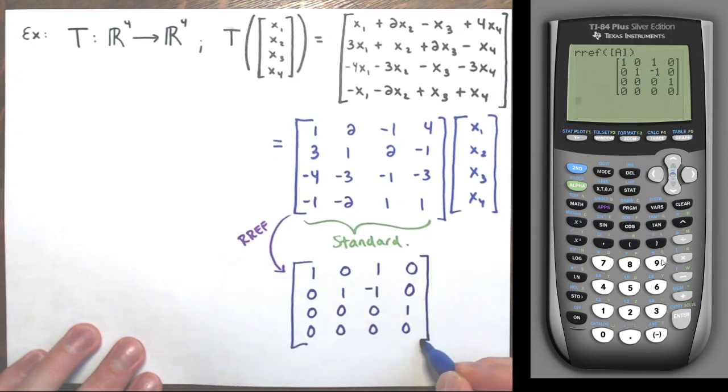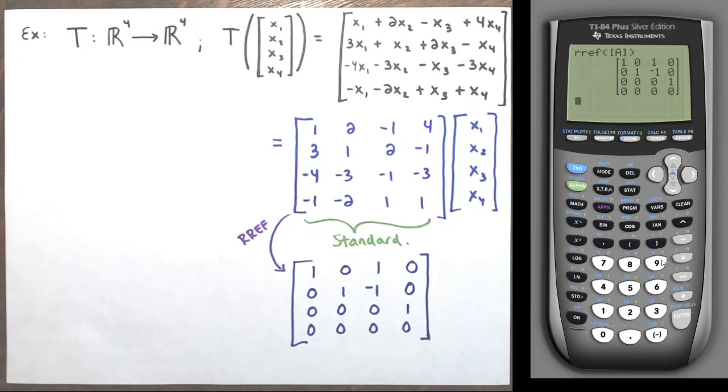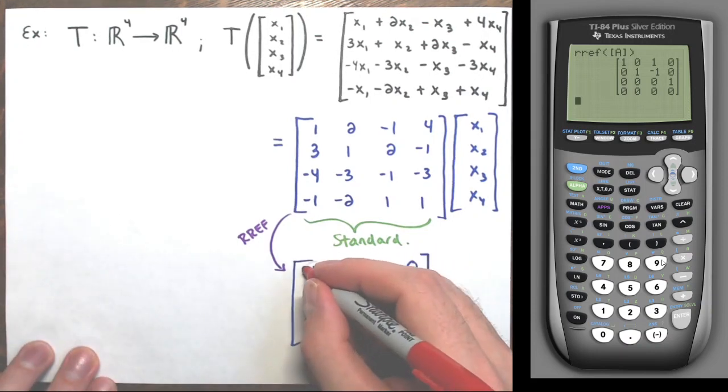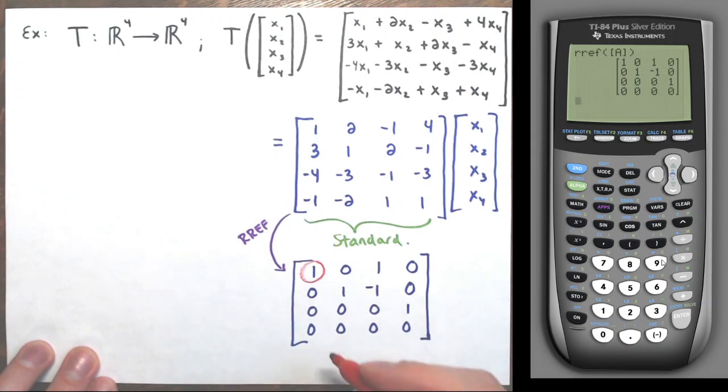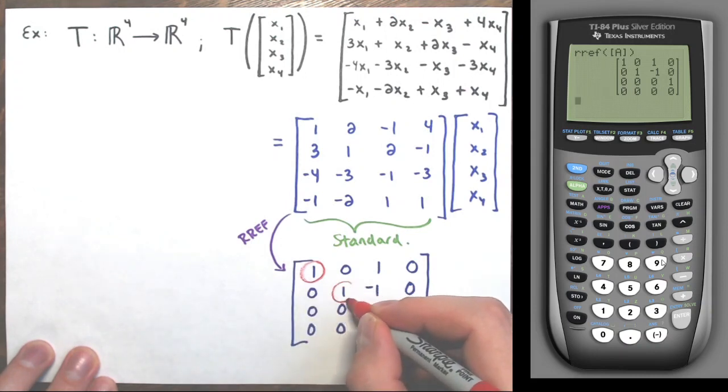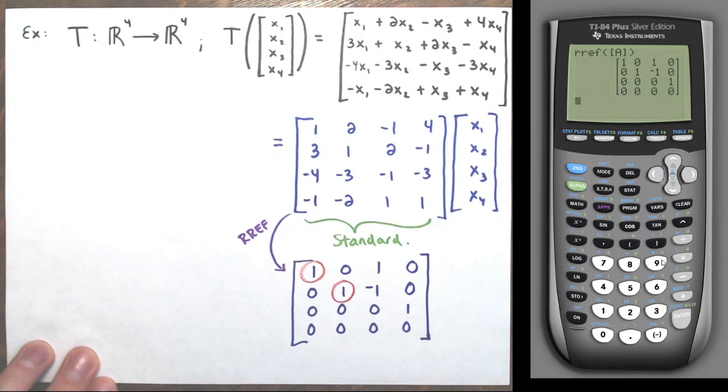All right. So now we look at this and check out the pivots. There's a leading one in each of the first two rows with zeros below and above it, and the third row has a pivot in it.